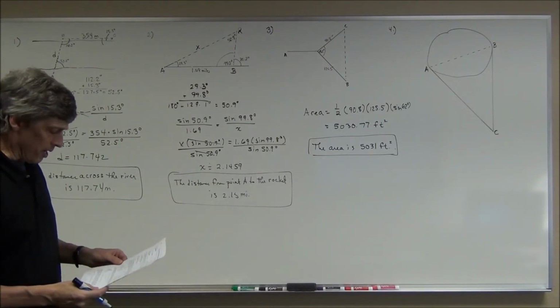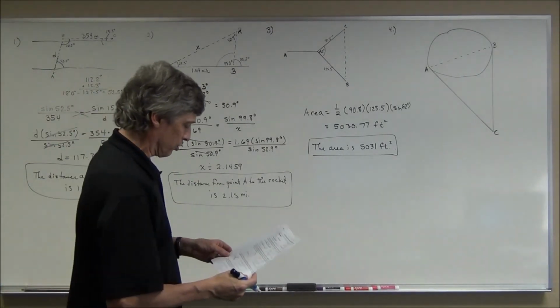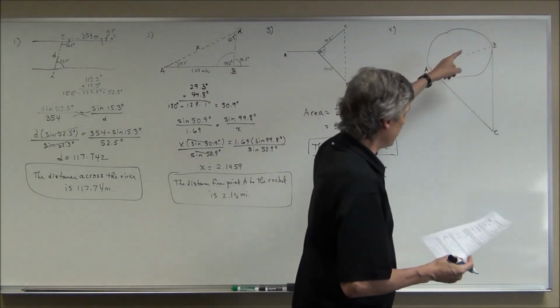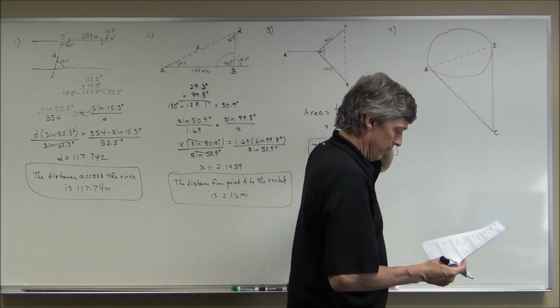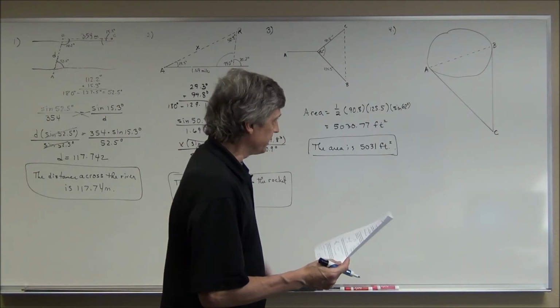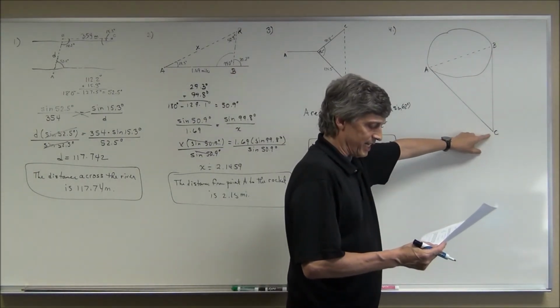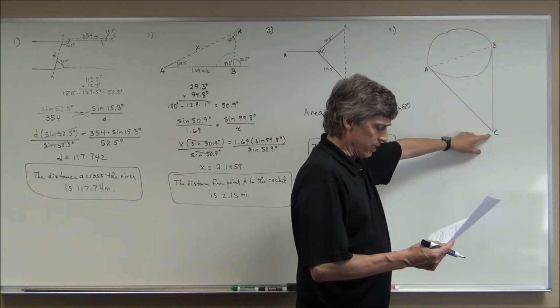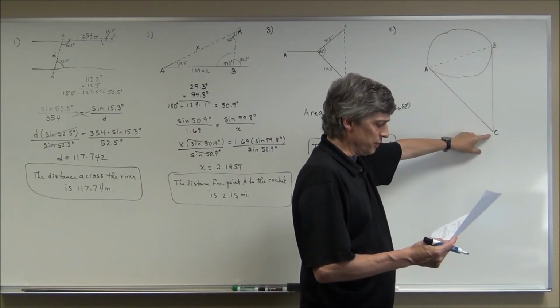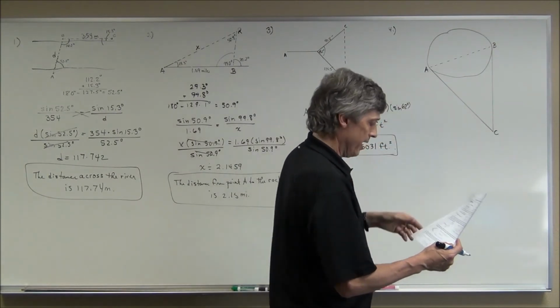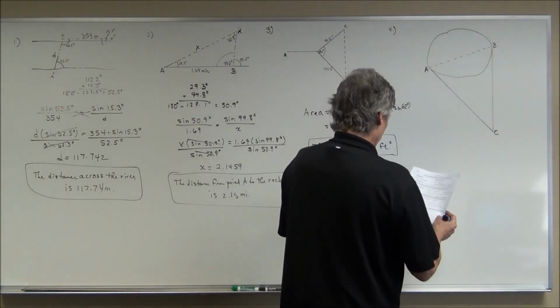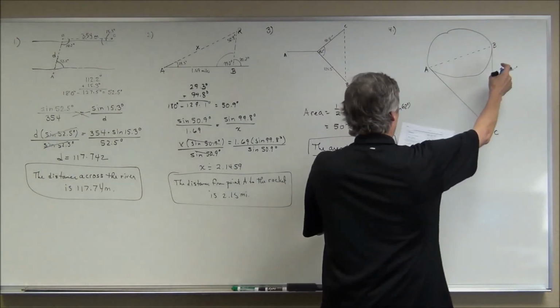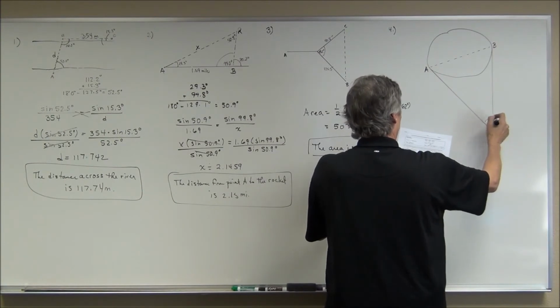All right, the next problem here, it says to determine the distance across the lake from A to B here, that's with a dotted line. Okay, a surveyor goes to point C. Now my picture doesn't look exactly like the one on your worksheet, but it's close enough. where he can measure the distance from C to A, and he measures the distance from C to B as well, and he measures this angle right here, angle ACB.